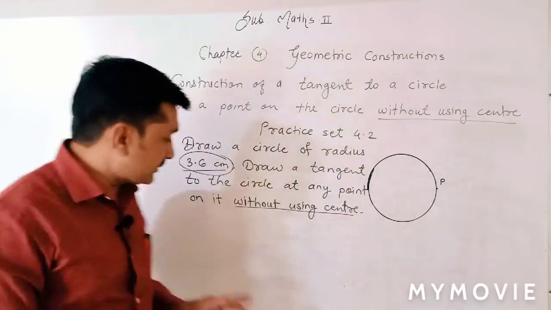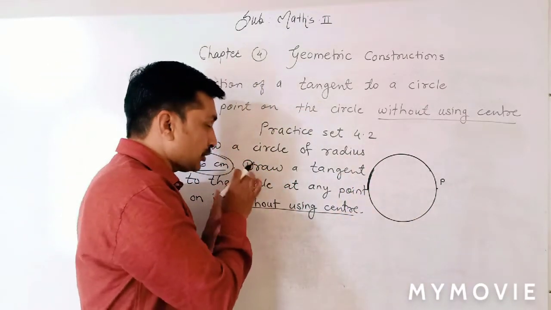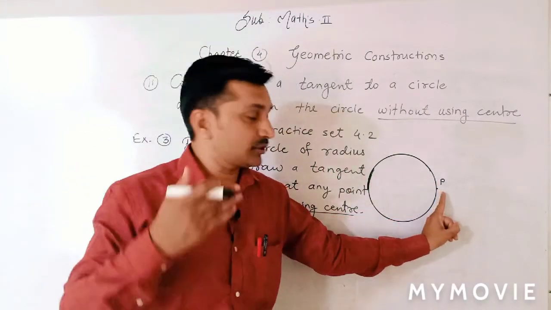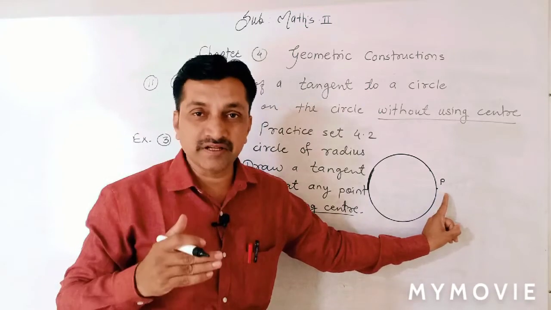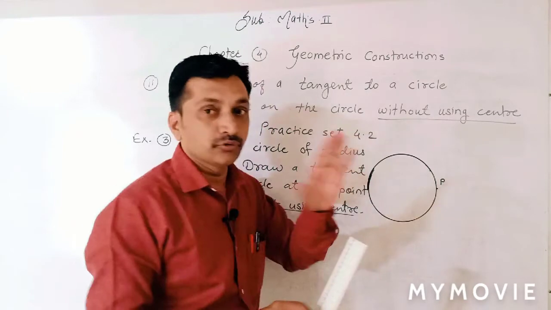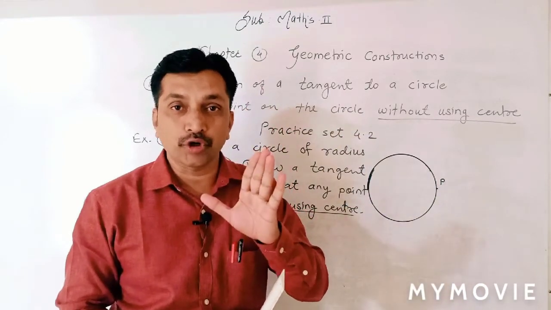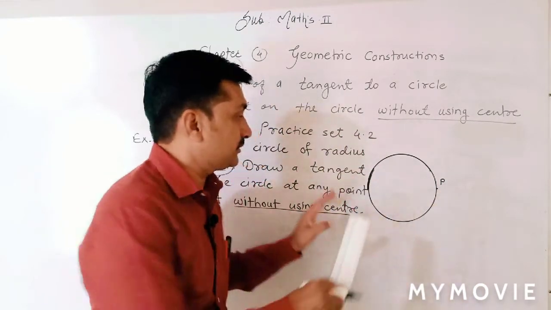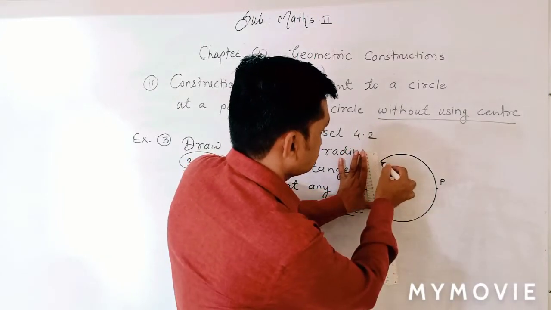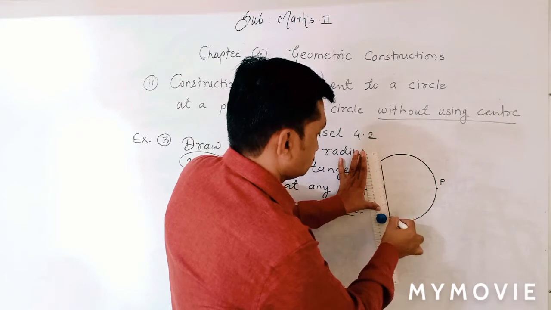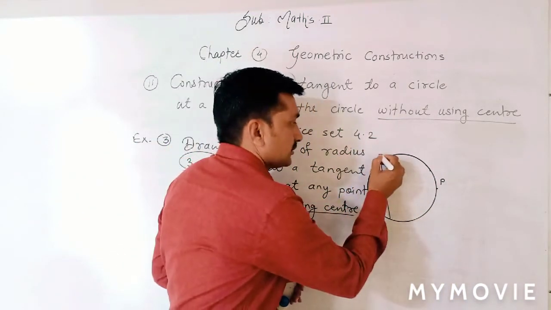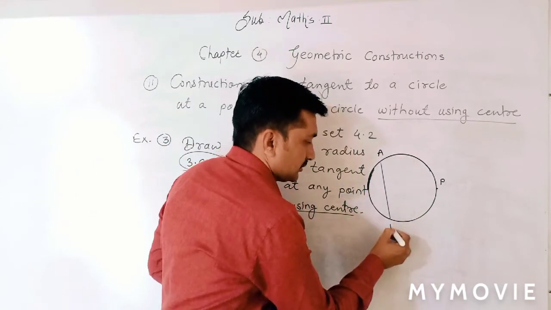Now remember, when the construction is without using the center, and if we have taken point P by ourselves, we have to take one chord anywhere against P. Now I take a chord here, against P, and I give it the name AB.